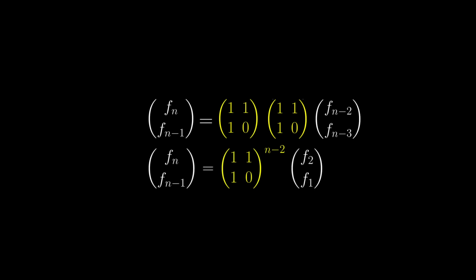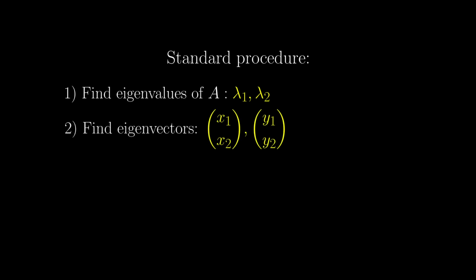What we need to do now is figure out this bit. Luckily, this is actually quite a standard procedure. We first figure out the eigenvalues of the matrix, which helps us find the eigenvectors associated with different eigenvalues.